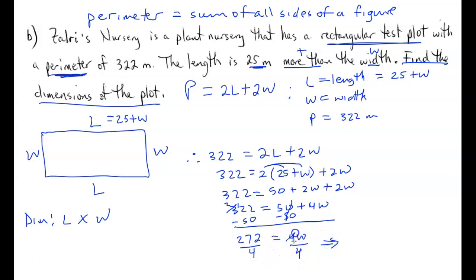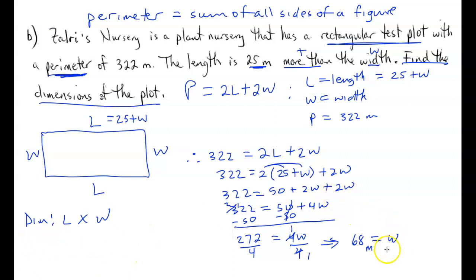Of course, on the right side here, this will reduce to 1. And on the left side, if we go ahead and divide 272 by 4, we end up getting 68. So this will be 68 is equal to W. And of course, everything is in meters, so this will actually be meters here.